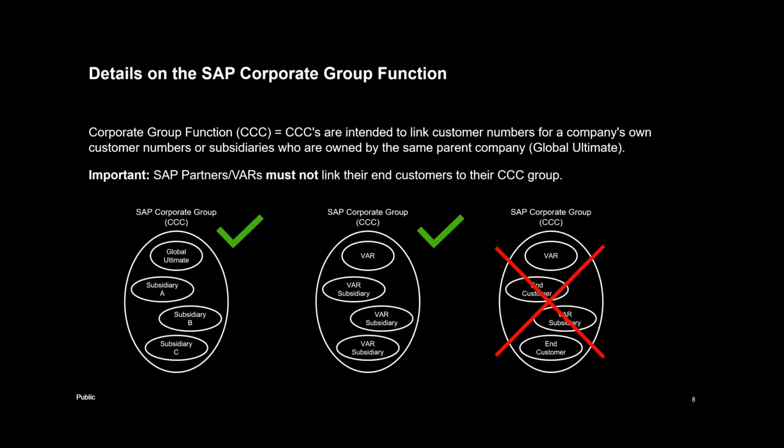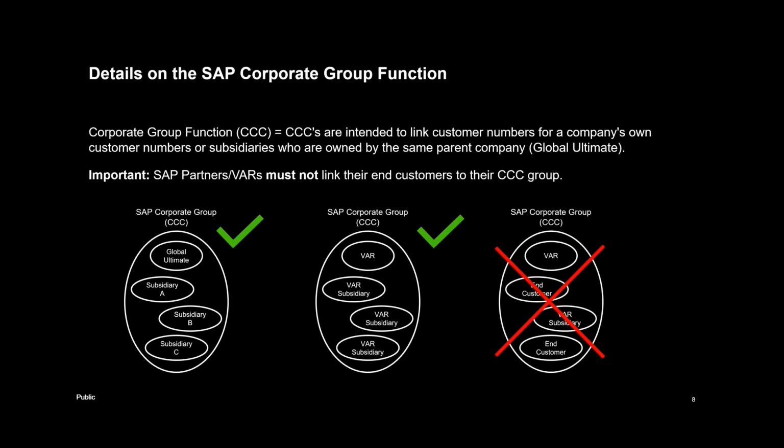Who cannot go into a corporate group, and this is very important: SAP partners and value-added resellers must never put their customers into a corporate group. That is not allowed. If you have done this, maybe undo it. It is not allowed, okay? So the best thing is to just undo it.